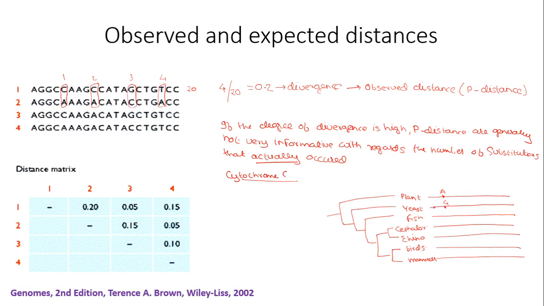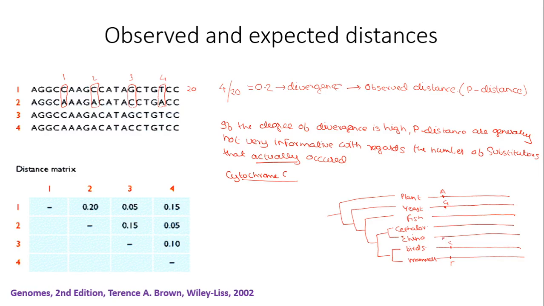There might be T somewhere over here in the mammalian sequence, and there might be C in the bird sequences, and so on. The idea is that there might be differences at these positions.